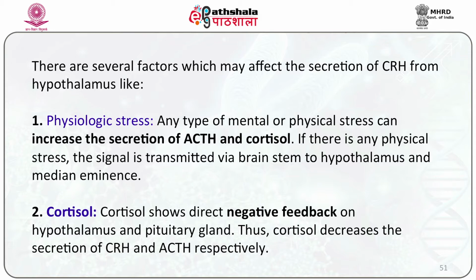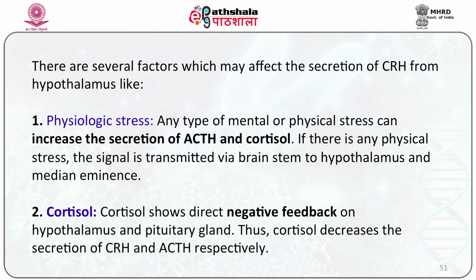Then CRH is secreted into the portal system in the median eminence, which ultimately results in the secretion of cortisol in the blood. Similarly, if there is any mental stress, the signal is transmitted through the limbic system, especially the amygdala and hippocampus, which then transmit the signal to the hypothalamus.